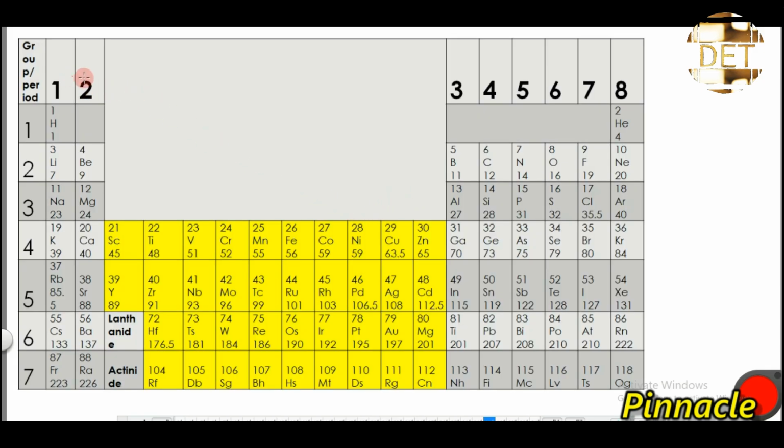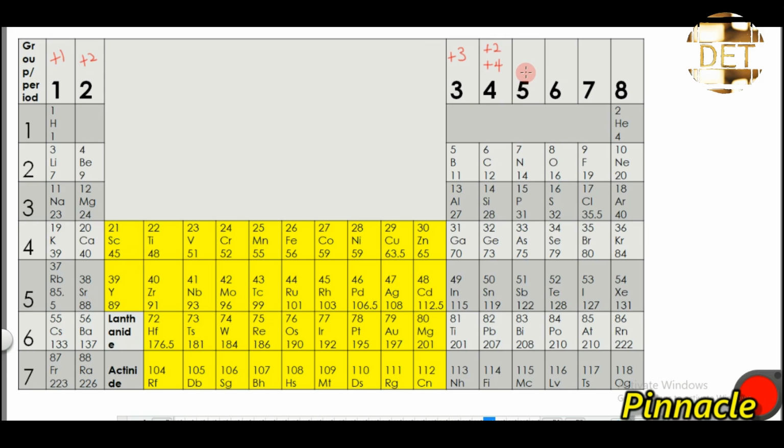From the periodic table, elements in group 1 have an oxidation number of plus 1. Elements in group 2 have plus 2. Elements in group 3 have plus 3. Elements in group 4 have plus 2 or plus 4.